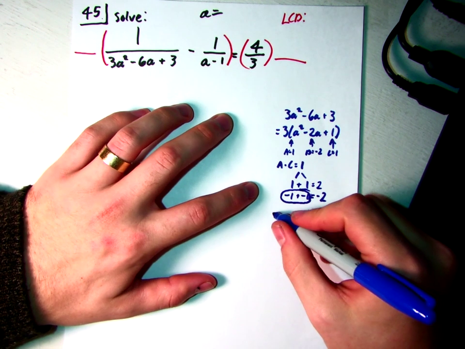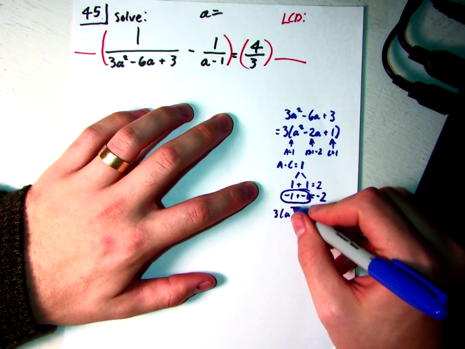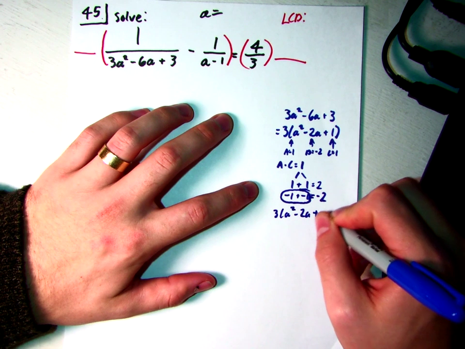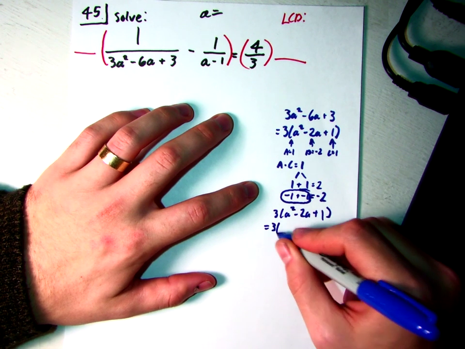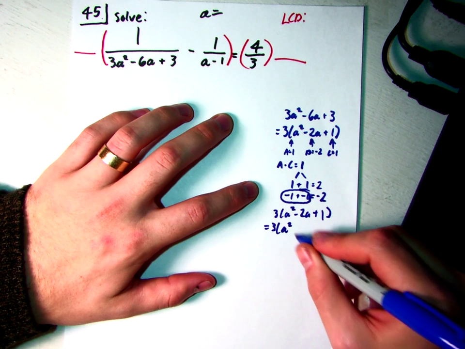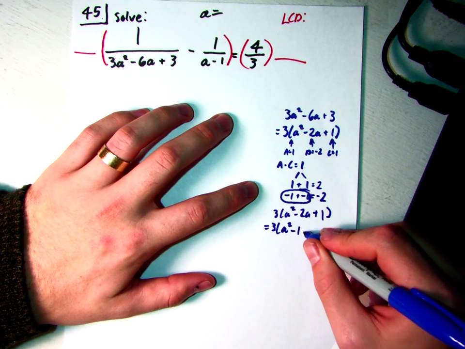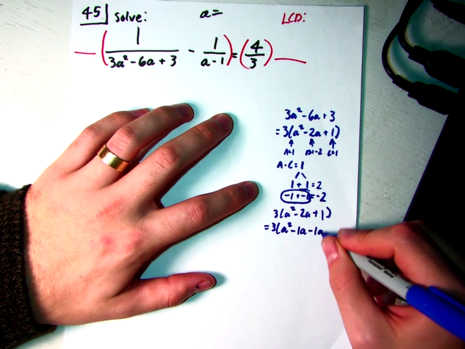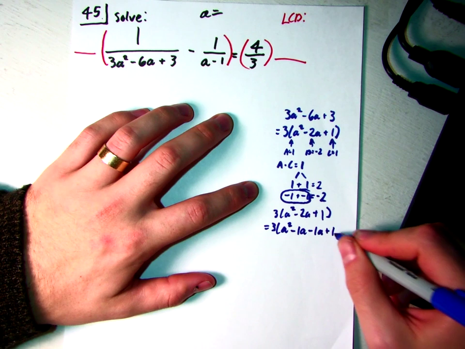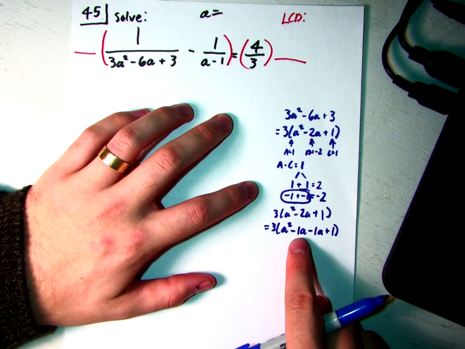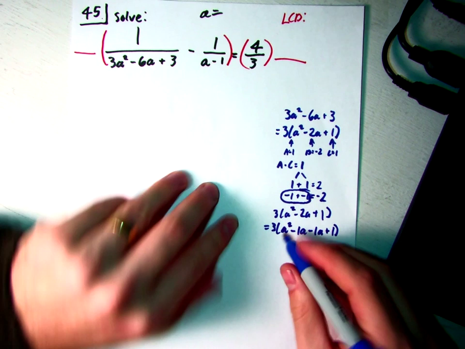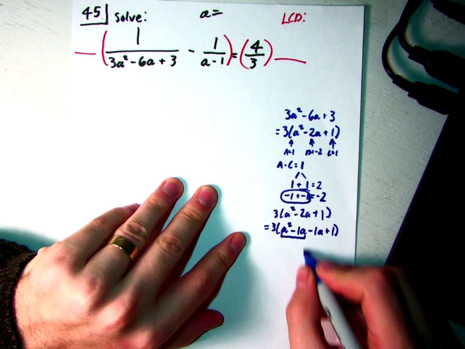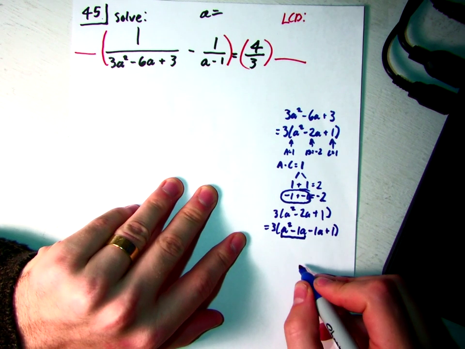Okay, so I'm going to take my polynomial, a squared minus 2a plus 1, and I'm going to rewrite it with that middle term split up into 2: negative 1a and another negative 1a, plus 1. And that negative 1a and negative 1a came from the negative 1, negative 1. Okay, so now I'm going to look at the first 2 terms and try to take a GCF out.